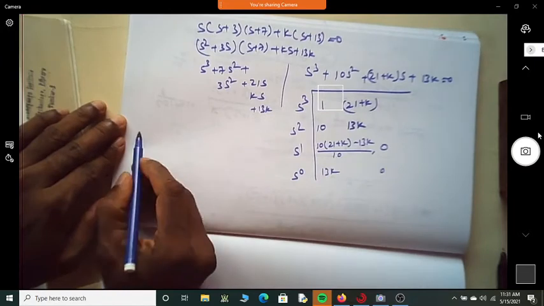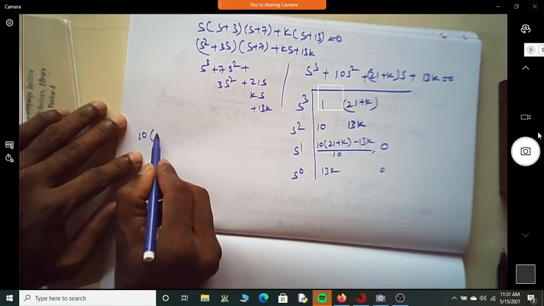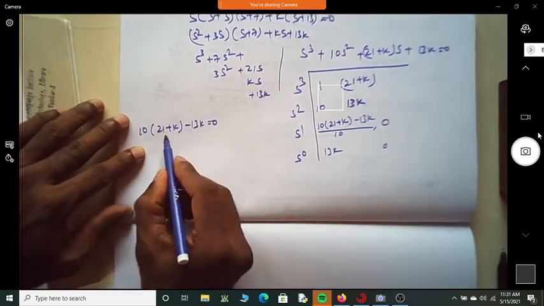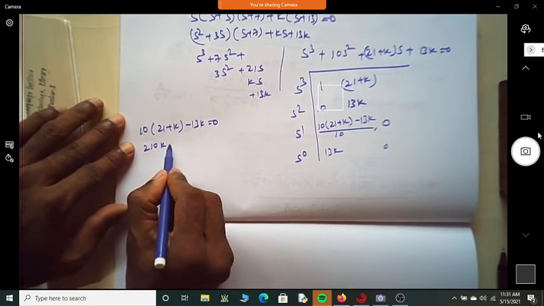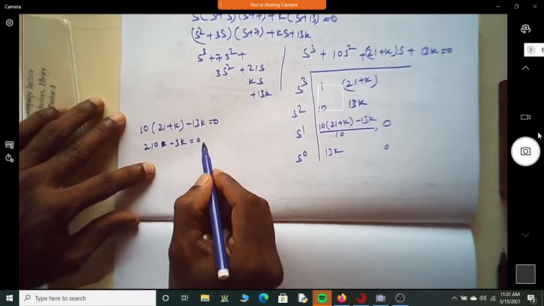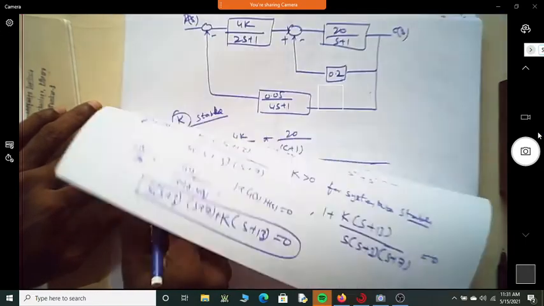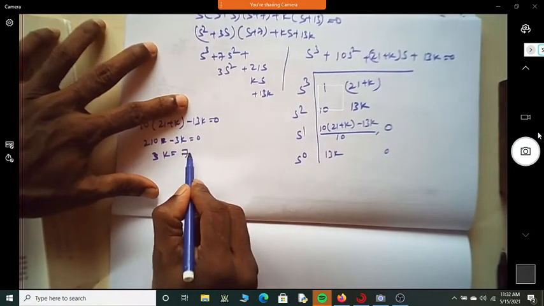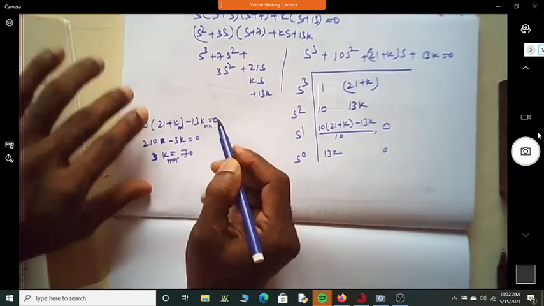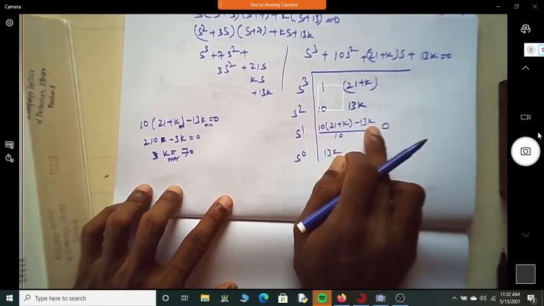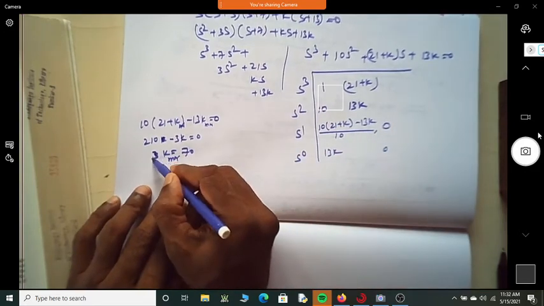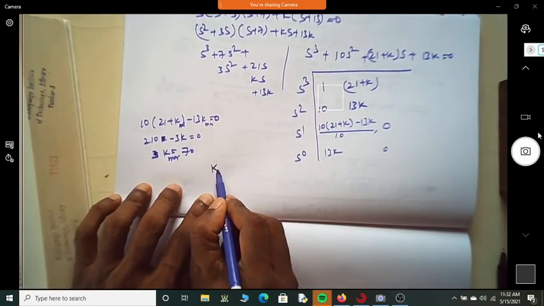What is it? 10 into (21 plus k) minus 13k, if it is 0, then is it 210 plus 10k minus 13k, so 210 minus 3k equal to 0. Is k equal to 70, or is it k margin now? Why is it k margin? Because you are equating this to 0. When you equate this to 0, then the k becomes immediately k margin. So now, what happens if the value of k is greater than 70?